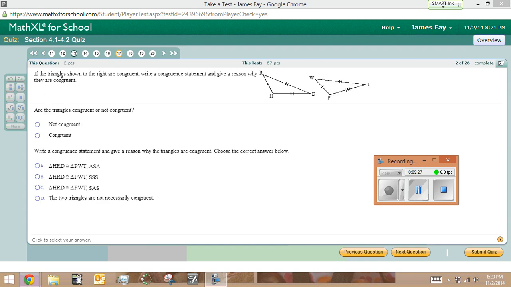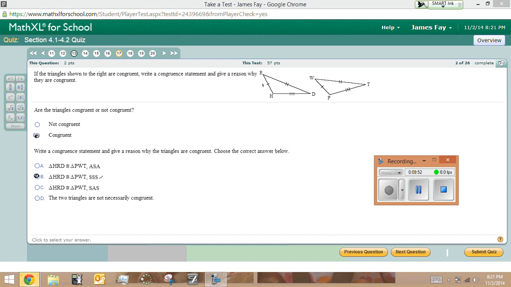It says if the triangles shown to the right are congruent, write a congruent statement and give a reason why they are congruent. Okay, they are congruent. We've got RH and WP, HD and PT, and then segment RD, segment WT. They're congruent, and it's going to be side, side, side. So we'll say triangle HRD.